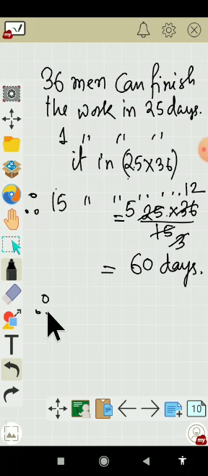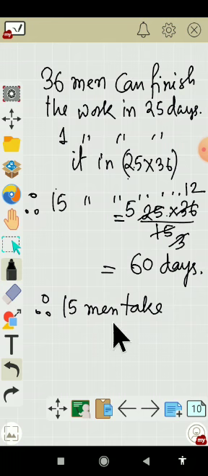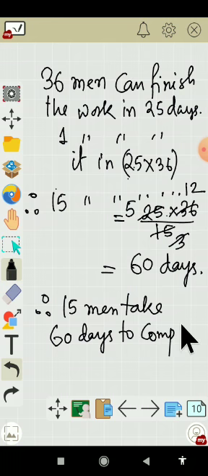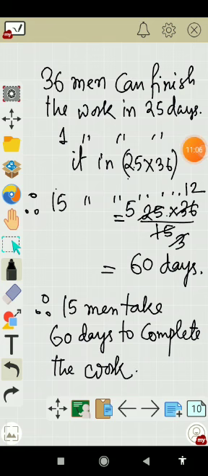So that means 15 men take 60 days to complete the work.